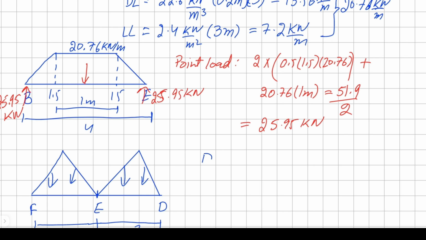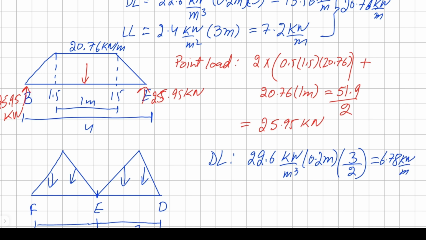To calculate our total load, we need to calculate our dead load, which is going to be 22.6 kilonewton per meter cube times the thickness of our beam times half the distance of the span between F and E. Solving this, you get 6.8 kilonewton per meter, and then our live load, just 2.4 kilonewton per meter cube times 0.2 for our thickness.